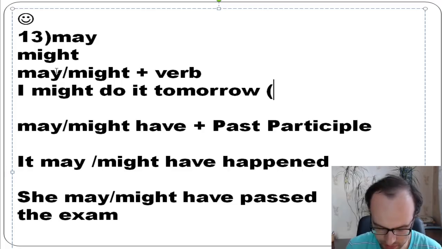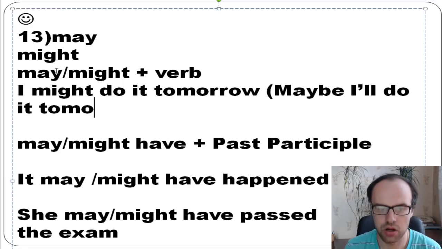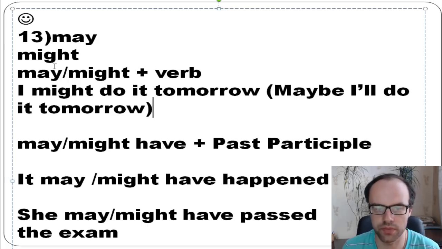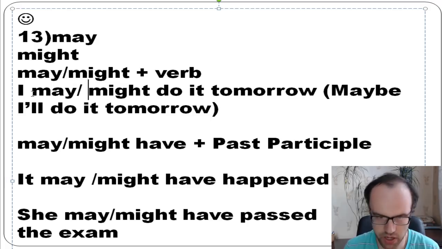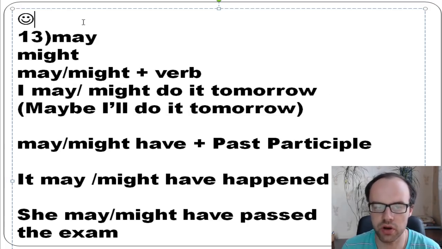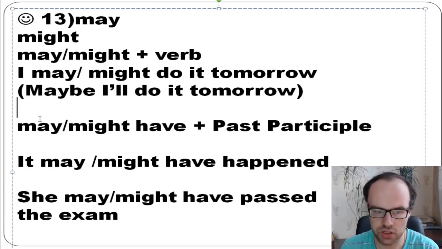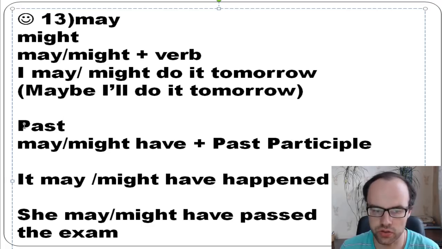It means maybe I'll do it tomorrow. We say may or might. So it's about the future. But if you need to talk about the past, we use this structure.